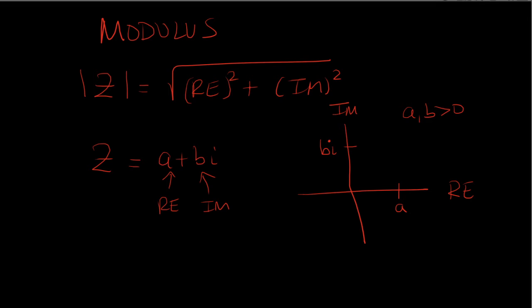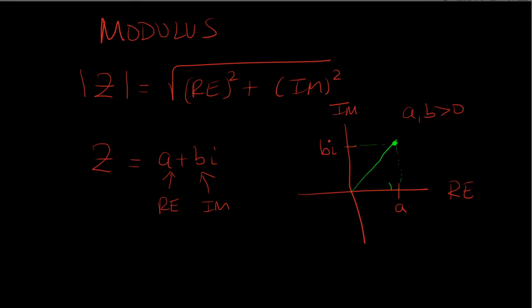And then we see where they meet. So we draw a line up towards the bi, and they meet at this point. Now the distance between the point and the origin is this line right here.